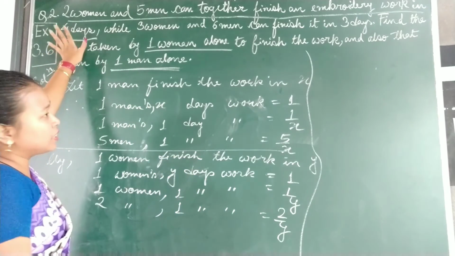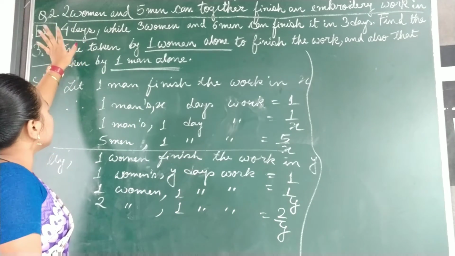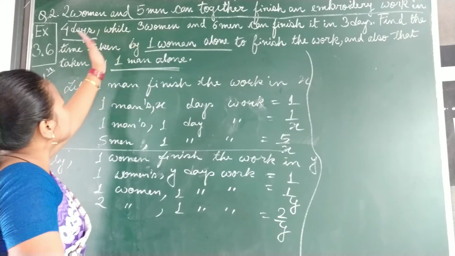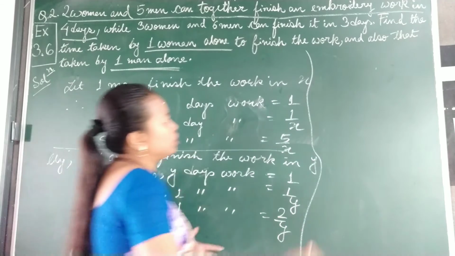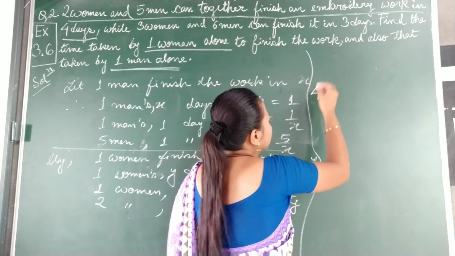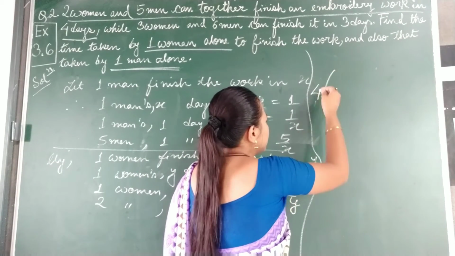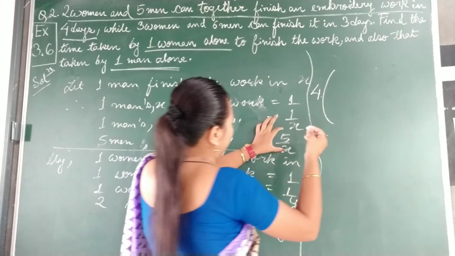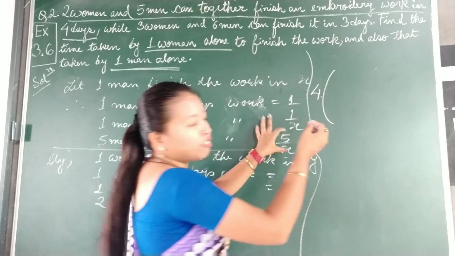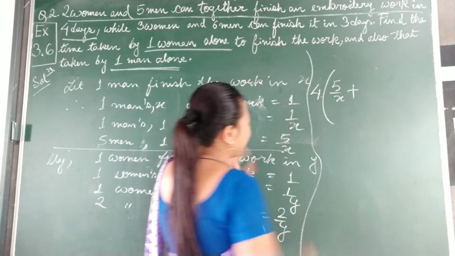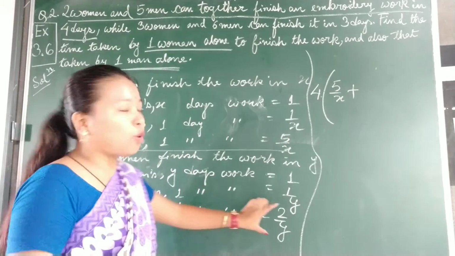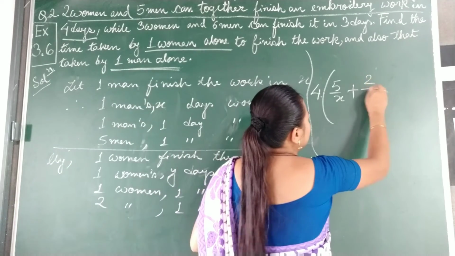So this 4 days is what? For 2 women and 5 men, they have combined themselves to finish in 4 days. So in 1 day, the part of work done by 5 men is 5 by X. The part of work done by 2 women is 2 by Y.